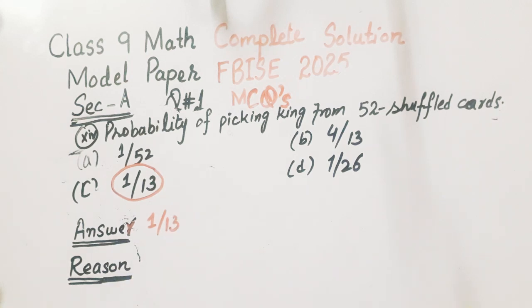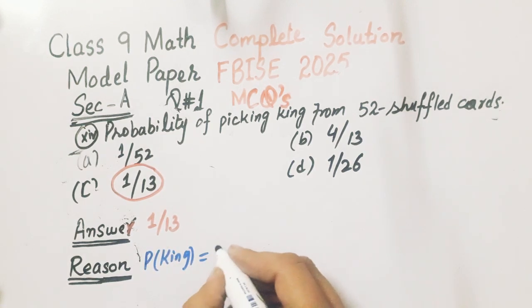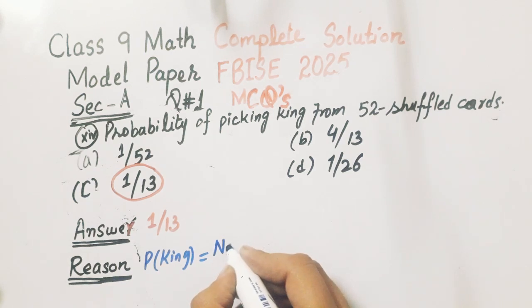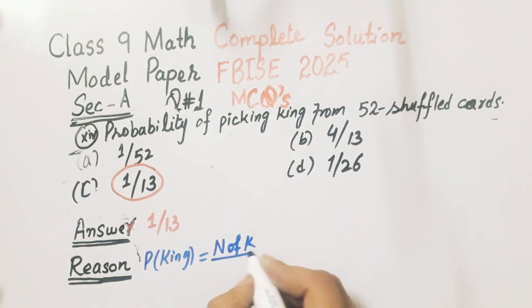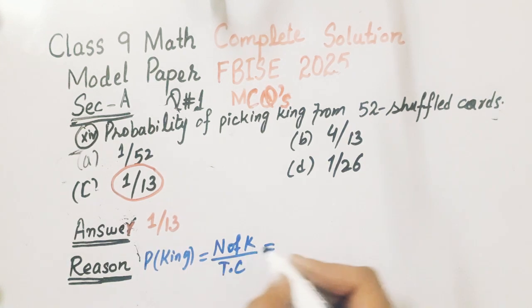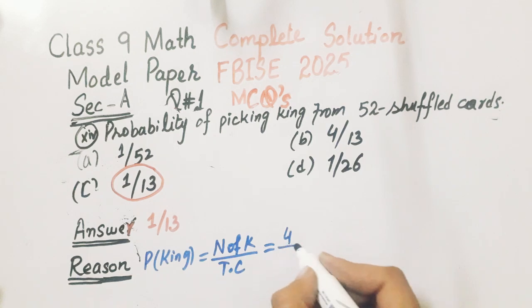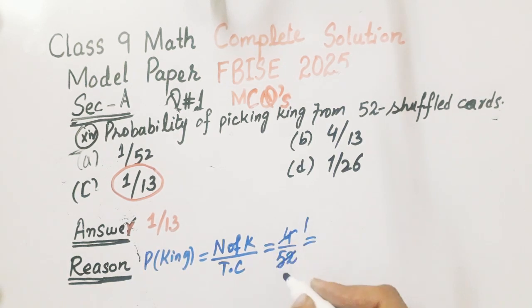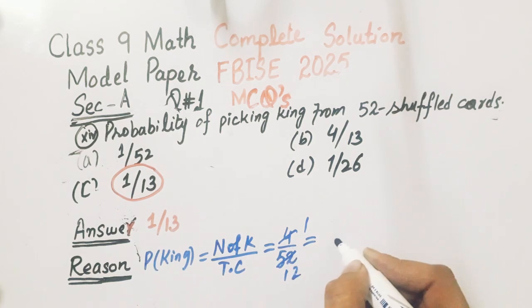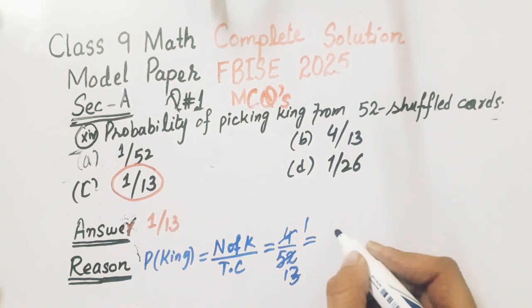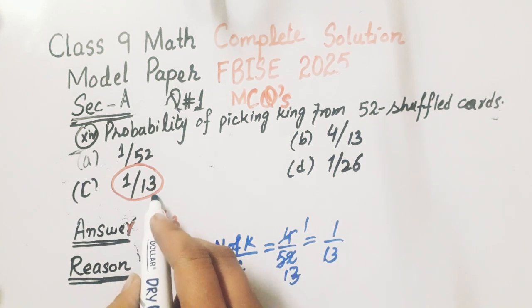And the reason behind this is, we know the formula: probability of king is equal to the number of kings by total cards. So the number of kings is 4 and total cards are 52. By solving this, we will get 1 by 13. So this option will be correct.